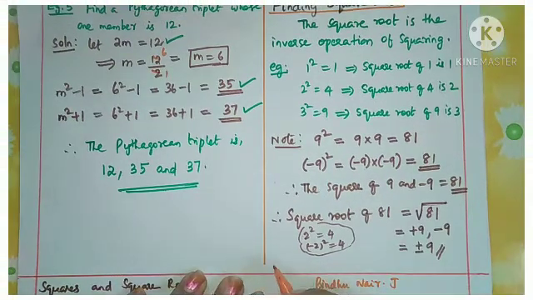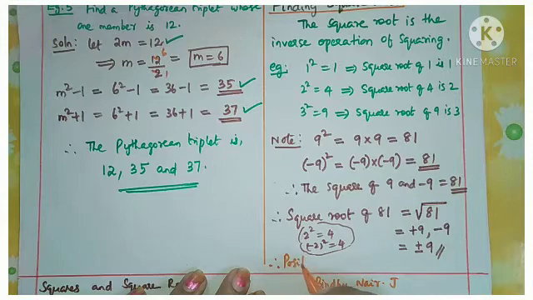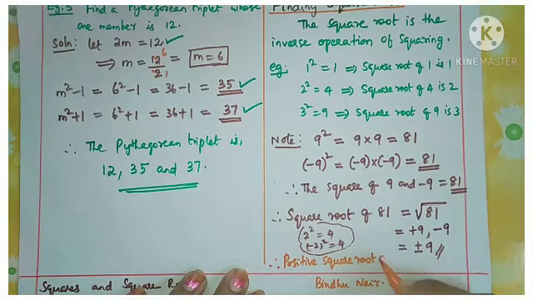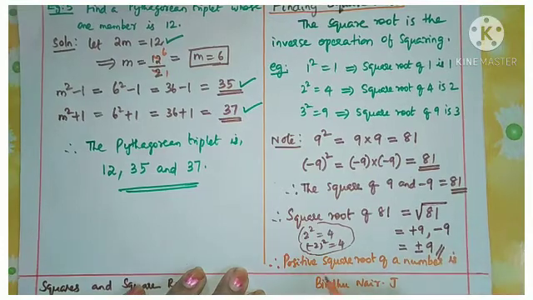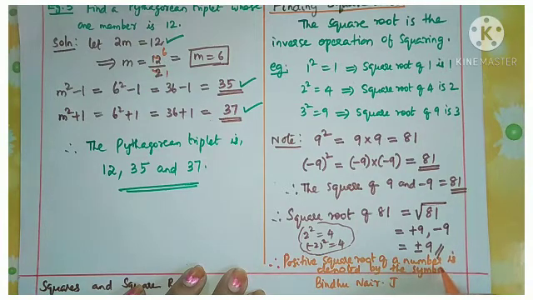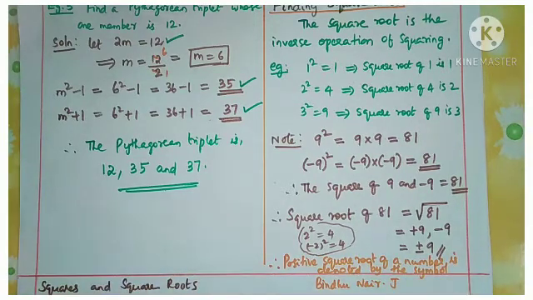So therefore, the positive square root of a number is denoted by the symbol. So we are using the symbol root of.